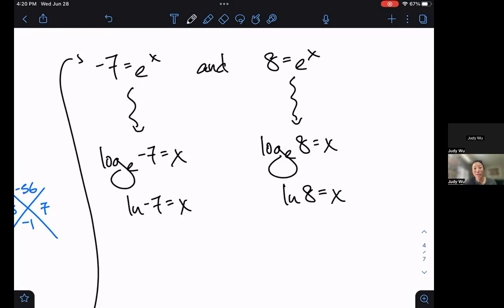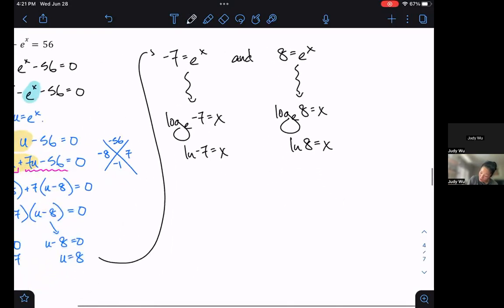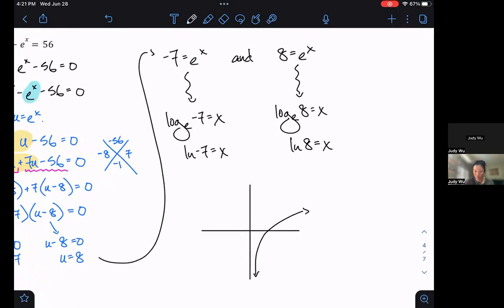But let's think back to our graph of natural log. Our graph of natural log has a shape that kind of looks like this. And in fact, one of the important things about this is that our graph of natural log has a vertical asymptote and a restricted domain.